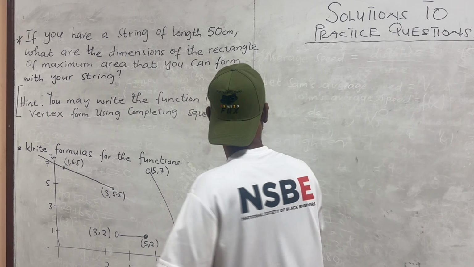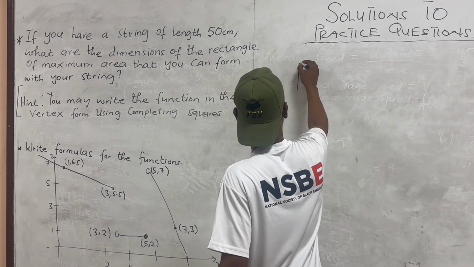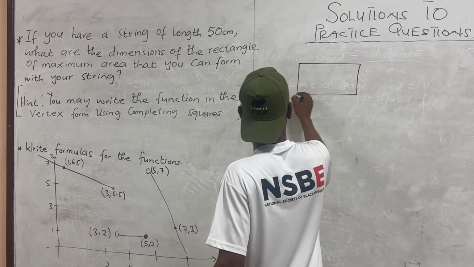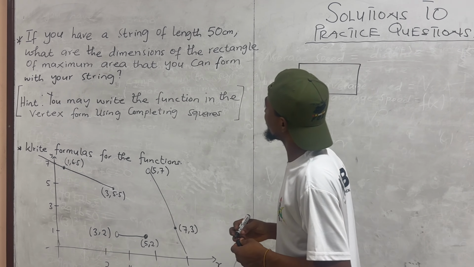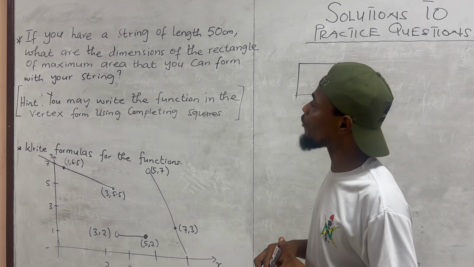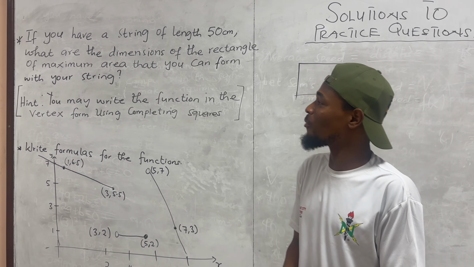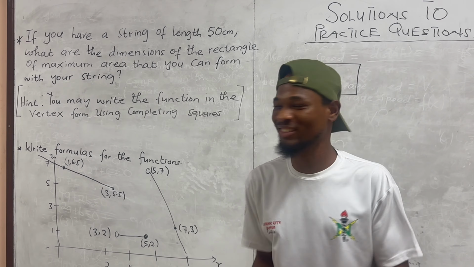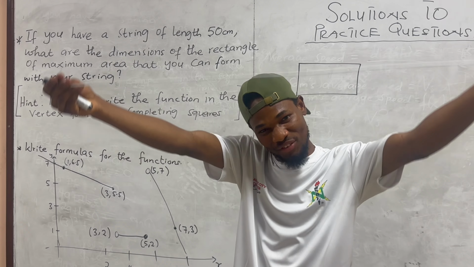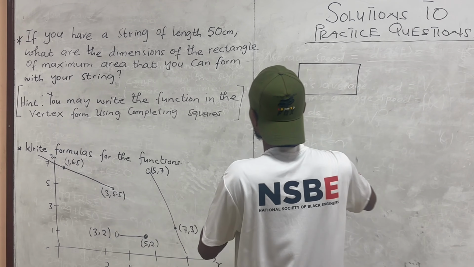Let's say I have a rectangle this way. What are the dimensions of the rectangle of maximum area that you can form with your string? This is my string, 50 centimeters.